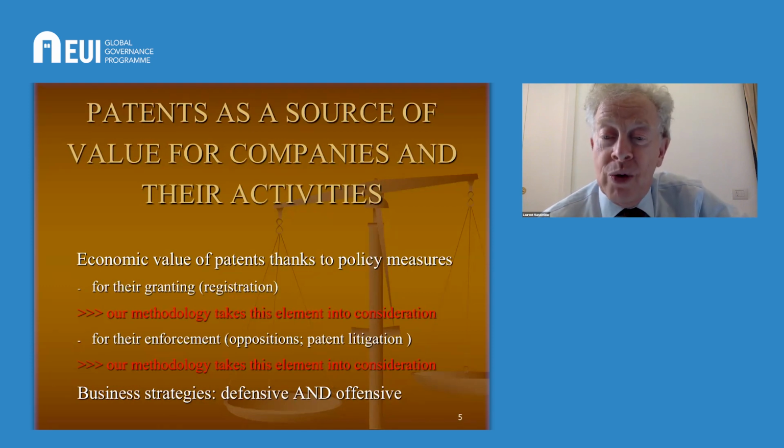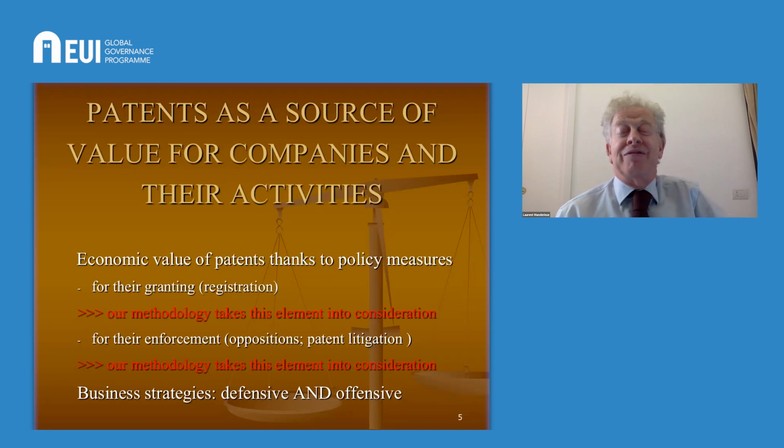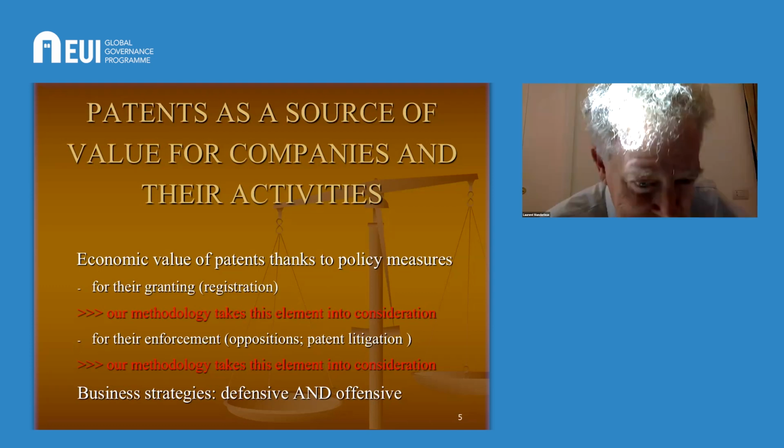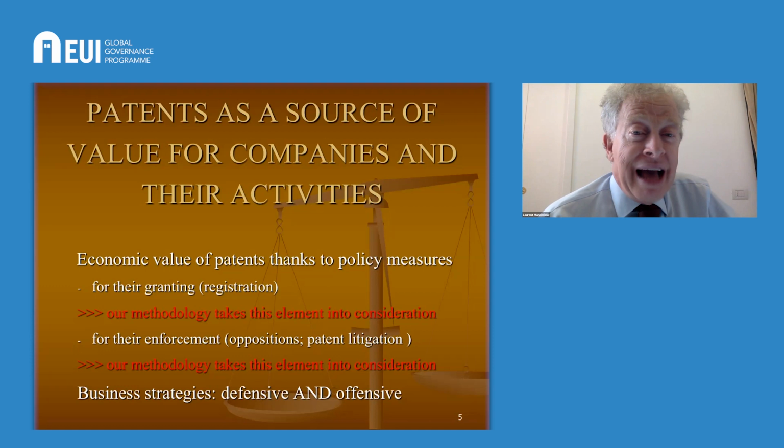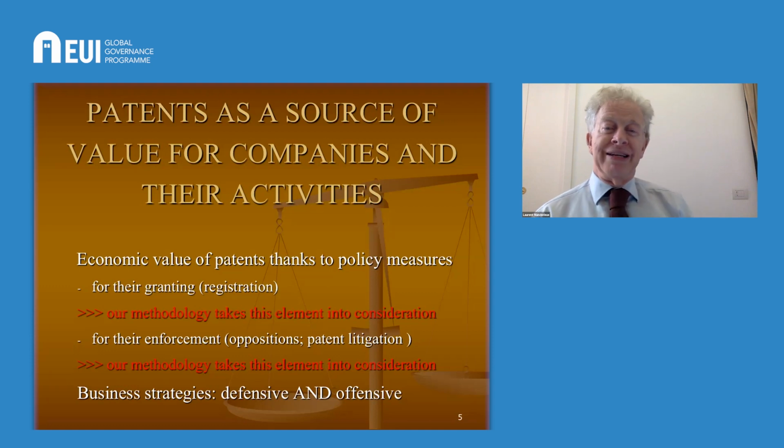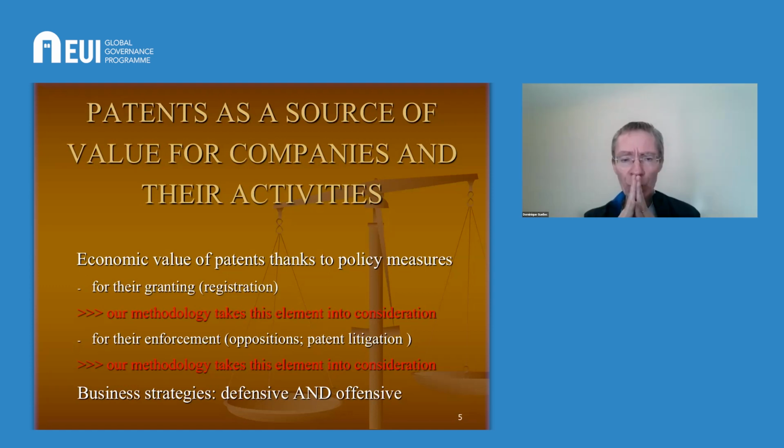For example, we know that the US has a fantastic system of enforcement, but this system is awfully expensive, which is also a deterrent to some categories of patent owners or applicants, such as universities. So clearly, companies also use patents to defend their inventions or to sell and promote them.